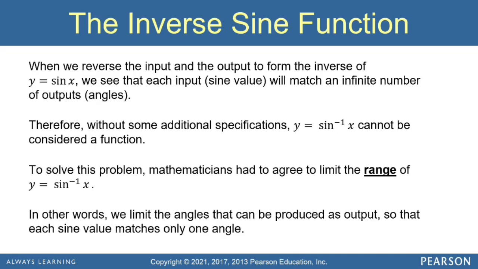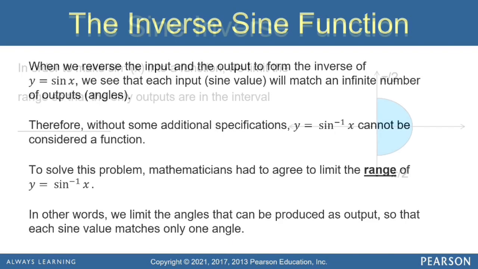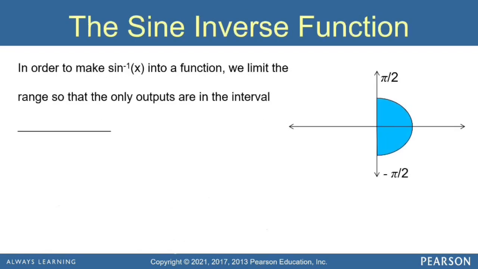In other words, we limit the angles that can be produced as outputs, so each sine value will match only one angle in this limited range. So think about this.